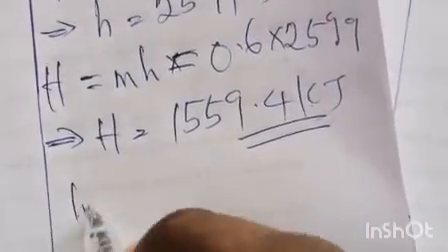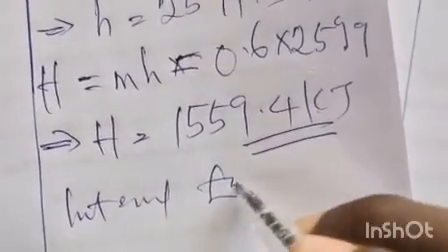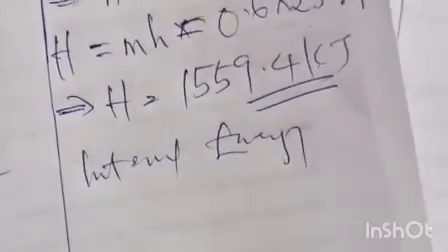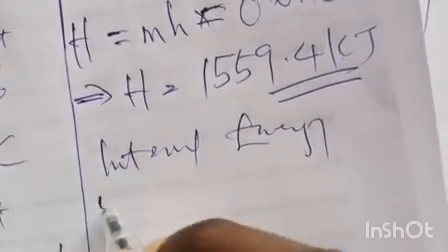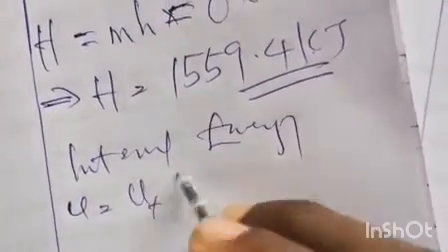Next is internal energy, still using the same relationship. Specific internal energy is UF plus X UFG.